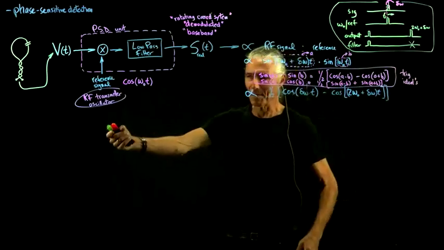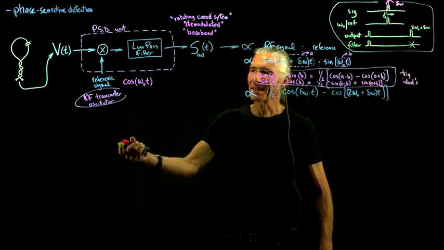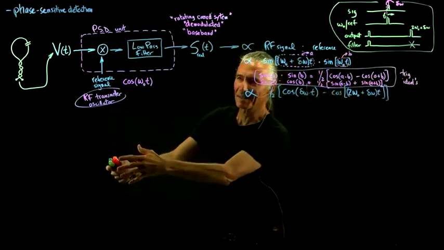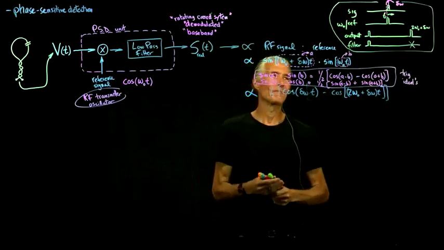We're going to need that because we're going to multiply by a sine down here. The example I worked here was for the second part of the phase-sensitive detection.